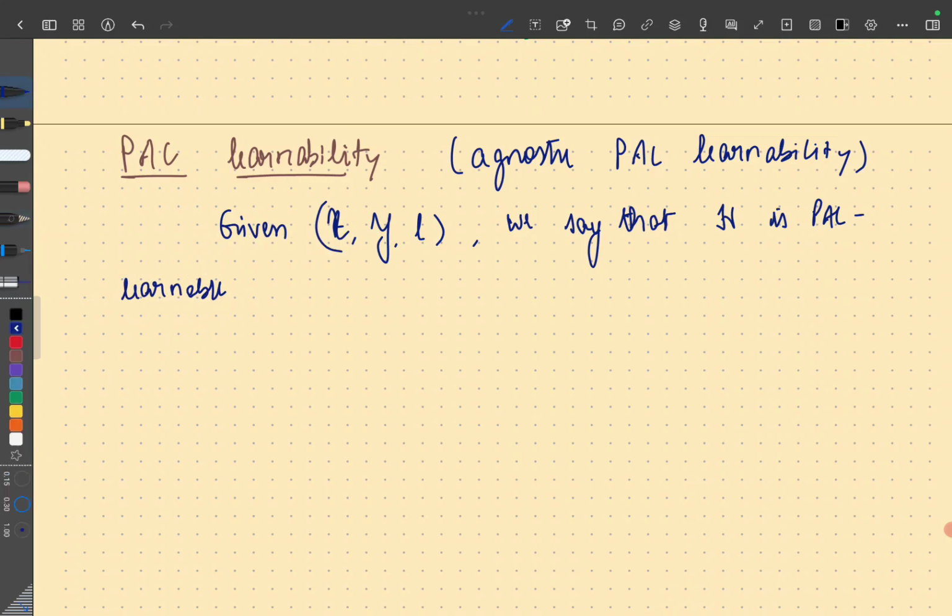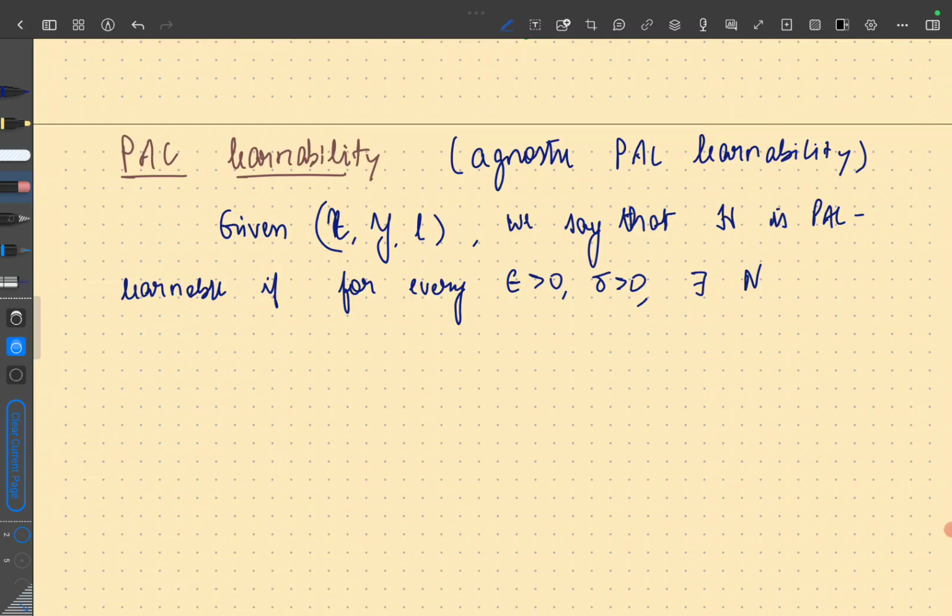But more formally, if for every epsilon greater than 0 and delta greater than 0, there exists some positive integer n which depends on the hypothesis class, epsilon and delta.